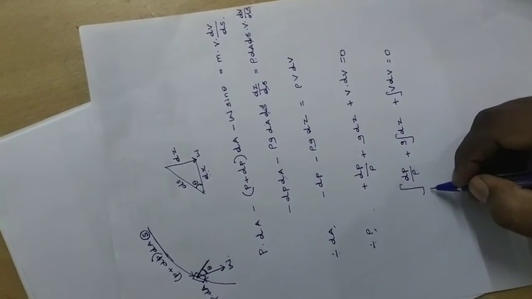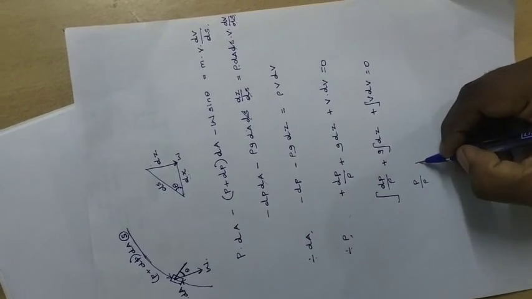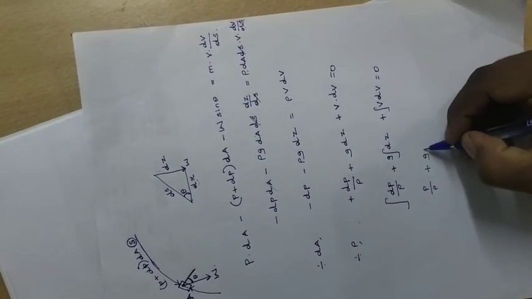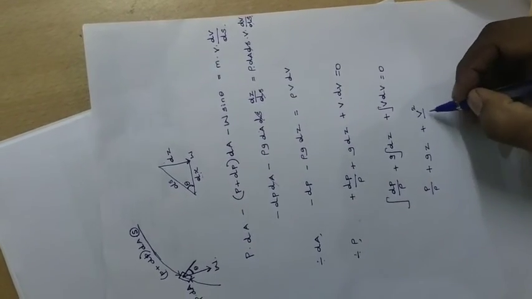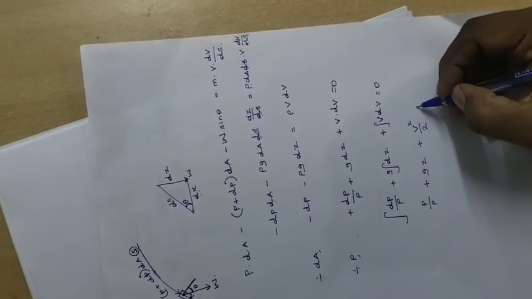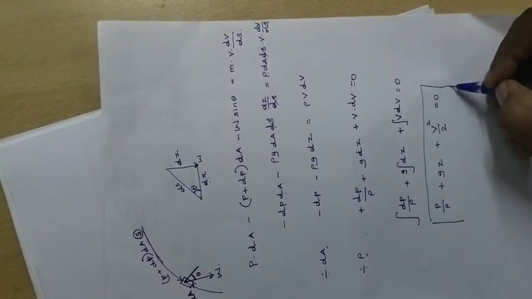So the equation will become: P by rho plus g z plus V square by 2, right? So this is your Bernoulli's equation.